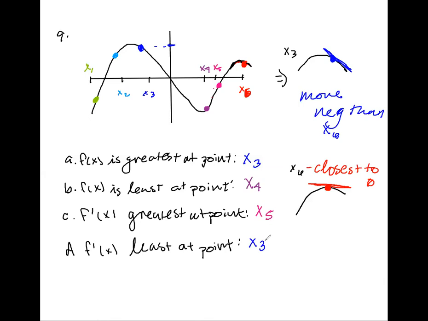As a follow-up question, do you know where the most negative slope in this whole graph would be? So we said that slopes were at their minimums and maximums.